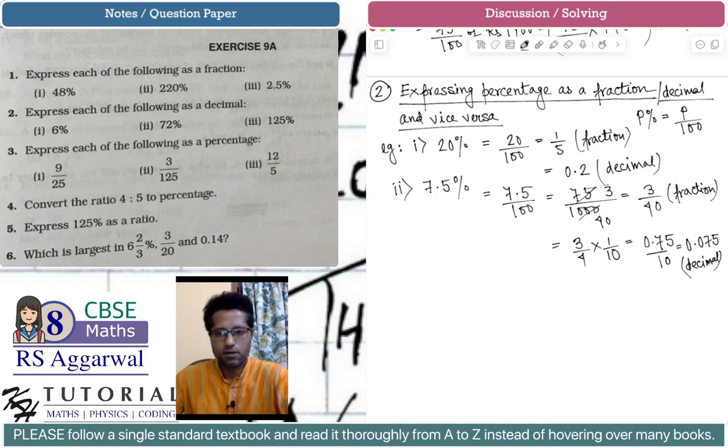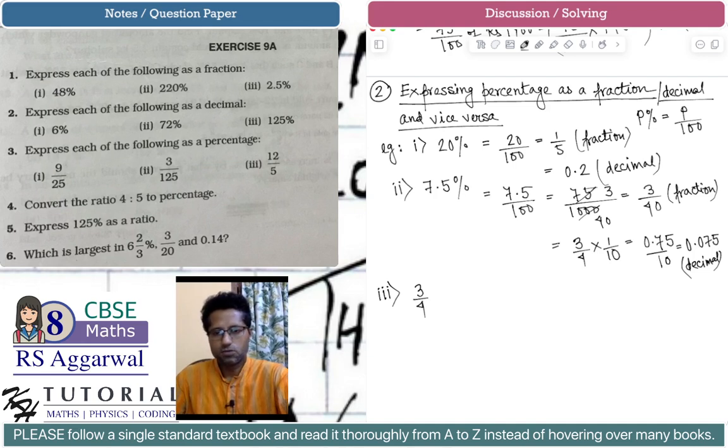Let's do the other way around. Let's say we are asked to express a fraction as a percentage. Let's say we have the fraction 3 by 4. What will be the equivalent percentage?